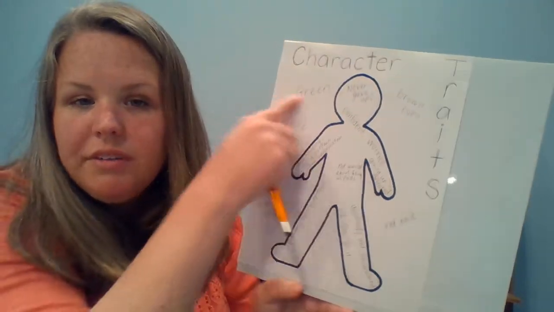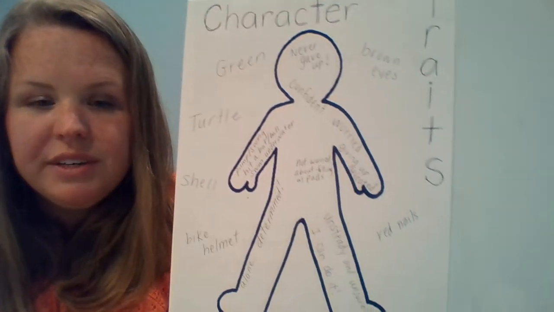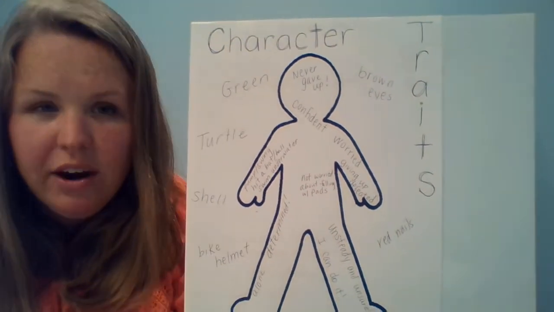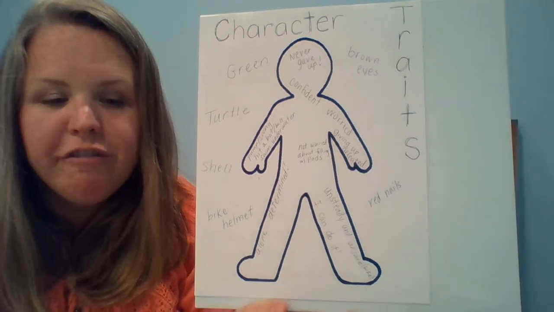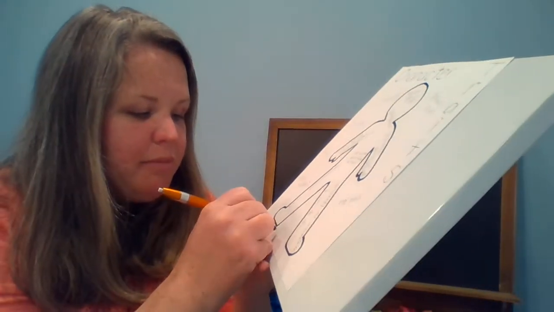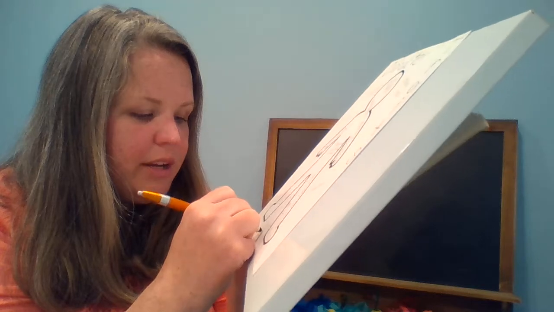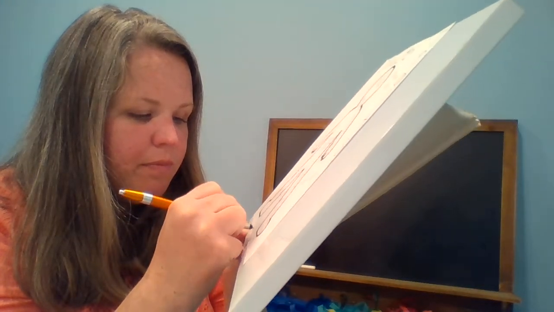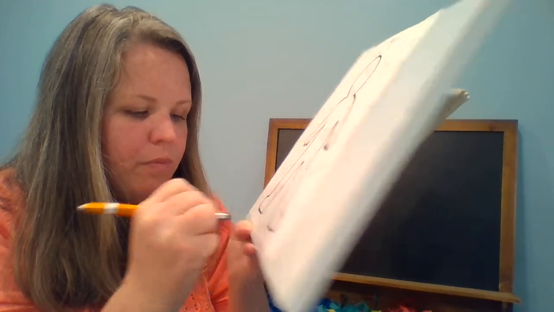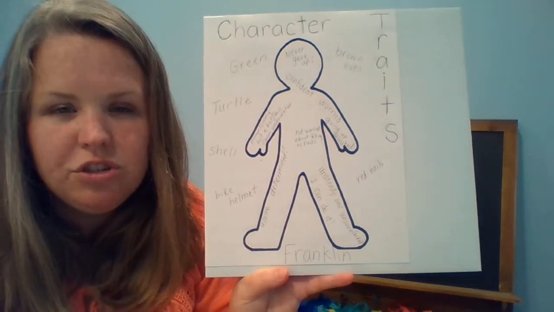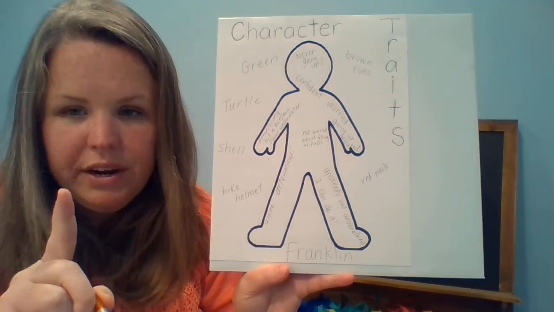But all of these traits, when we put them all together, those are all character traits for Franklin. So at the bottom of my paper, I'm going to write his name. Okay, because all of these traits describe one character.